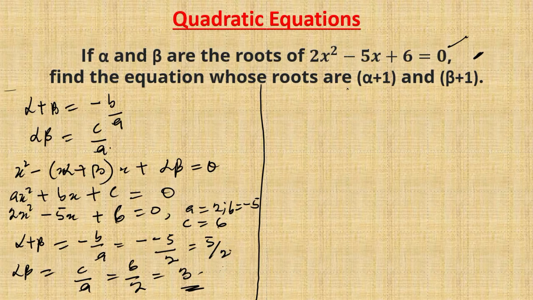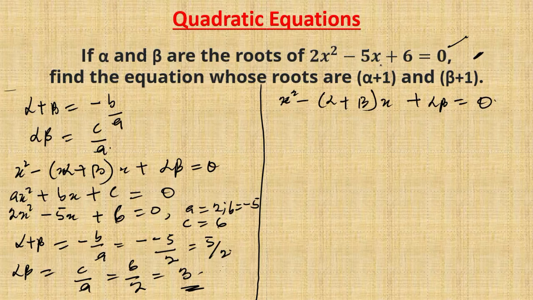Now to form our new equation, we will simply use x squared minus (alpha plus beta)x plus alpha beta equals 0.